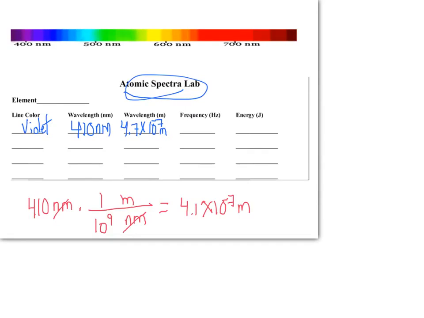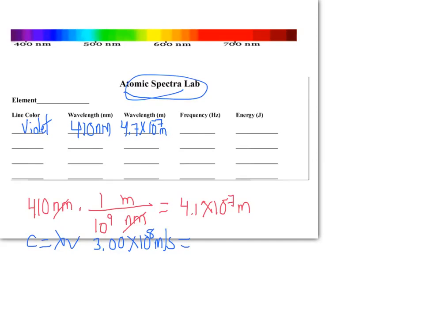Alright, next I want frequency. Right now, all I have number-wise is just the wavelength. So we need an equation that links frequency and wavelength. Remember, that is c equals lambda nu. c is the speed of light, 3.00 times 10 to the 8th meters per second.